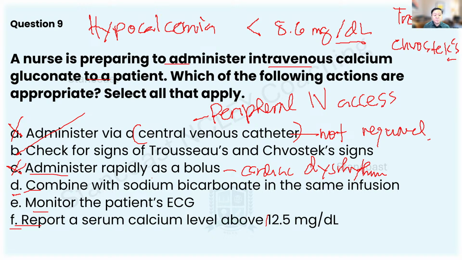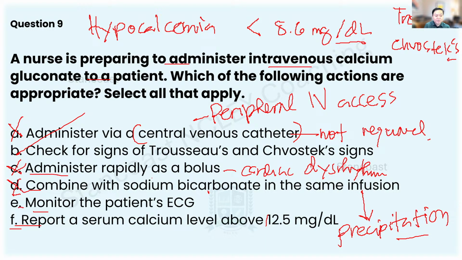It should not be mixed with sodium bicarbonate because it can lead to precipitation. That is the result of mixing the sodium bicarbonate with calcium gluconate. Never do that. It will render the medication ineffective, and it's going to be harmful to the patient as well.